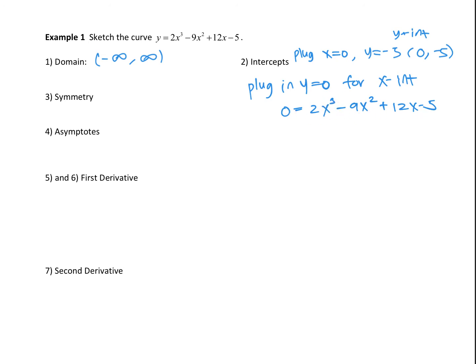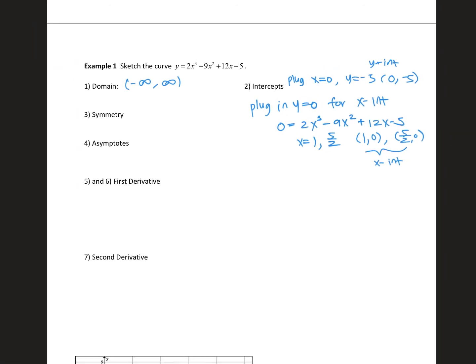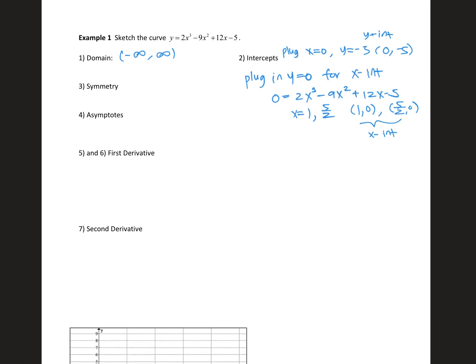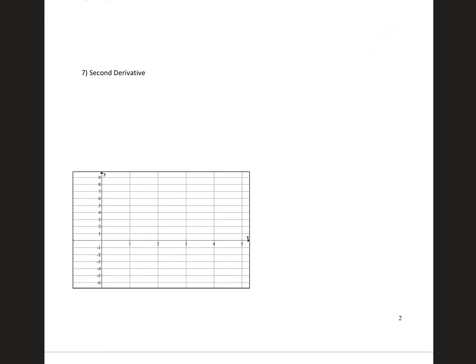Here I can give you a hint, since I know the answer: 1 and 5 over 2. When I plug in 1, you get 0 as y. Also, when I plug in 5 over 2, you get 0. So these are my x-intercepts. If I look at the graph, our y-intercept was (0, negative 5), so I can go here.